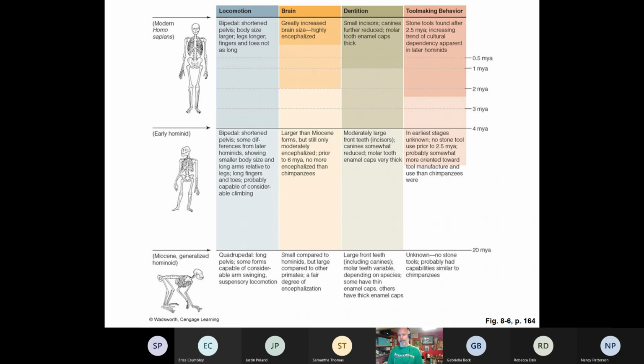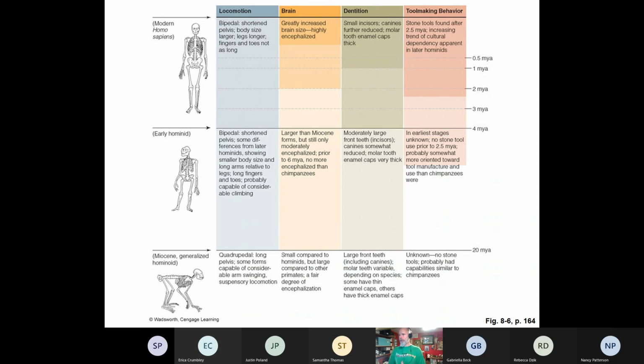Secondly was brain development that became larger and more encephalized, which means that proportion, the body to the brain, became larger brain, smaller bodied, proportionally. Dentition: more derived teeth with smaller incisors, and the loss of the gap, the diastema, for the shearing apparatus of our canines.